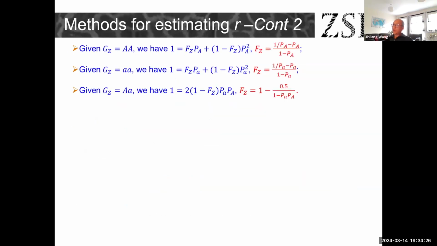So from those three equations, we can get an estimate of Fz shown in these red equations. The only information we need is the allele frequencies. If we know the allele frequencies and the genotype of the individual, we can get an estimate of the inbreeding coefficient of this individual.